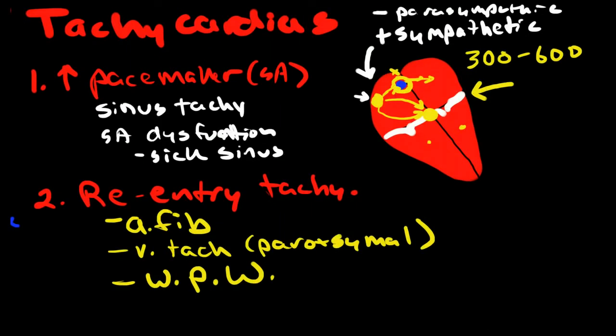But what happens with people with Wolff Parkinson White syndrome is there is a deformity in the annular ring of the valve, or a deformity of the muscle that sort of grows over the valve, and you end up with an alternate pathway. So Wolff Parkinson White is due to an alternate pathway between the atria and ventricles.